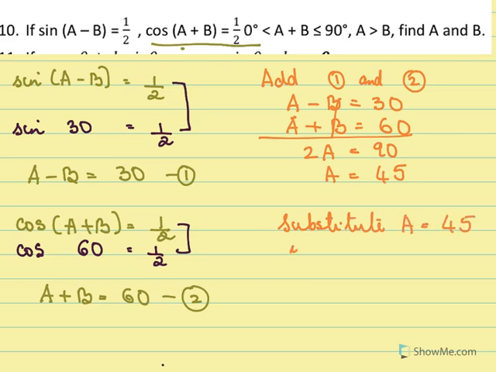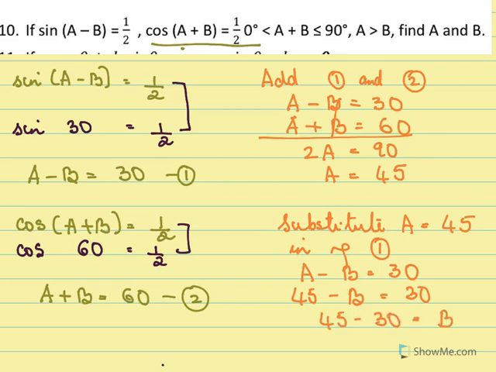Substitute A equal to 45, say in equation 1. A minus B equal to 30. So 45 minus B equal to 30. So we have 45 minus 30 equal to B. B equal to 15. So B is 15 and we have A as 45.